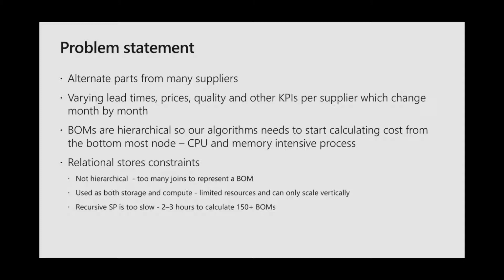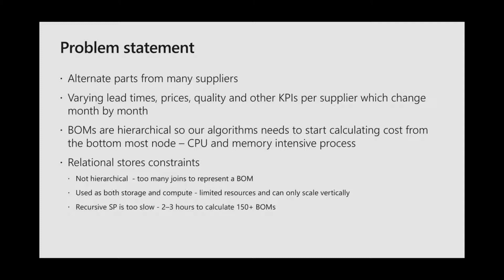When you represent a part in a relational store and try to build the BOM, you basically have a bunch of recursive, self-directed relationships to the same table. Doing any calculation over that kind of structure is very tedious and very expensive. And that's what the relational store was struggling with.